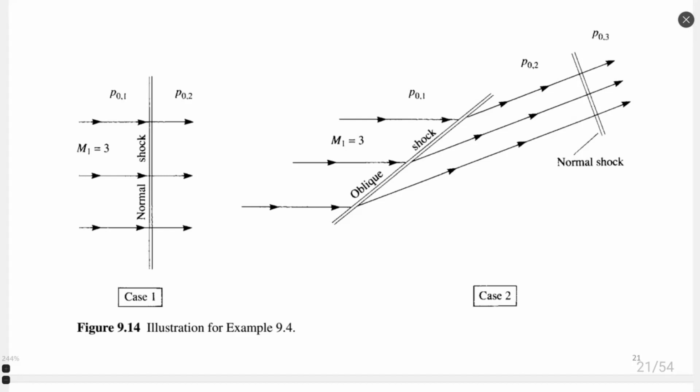So expansion waves use this concept of Mach angle. We will see it when we discuss expansion waves. Please remind me if it is not clear how the theory of Mach angle is integrated into expansion waves. I will pay more attention to this question, okay?